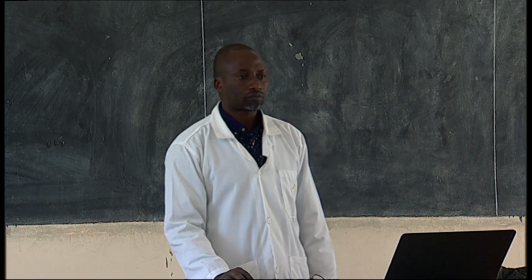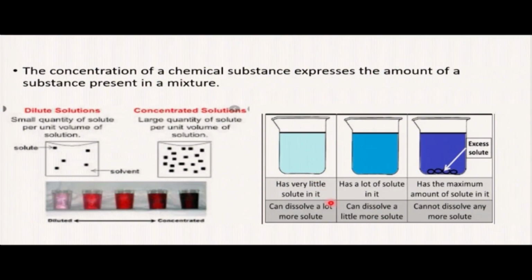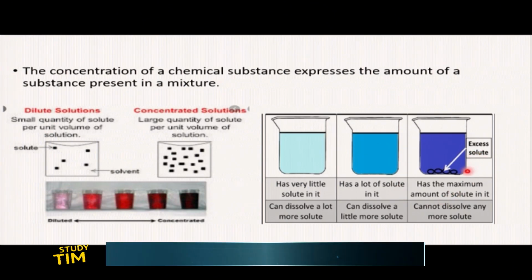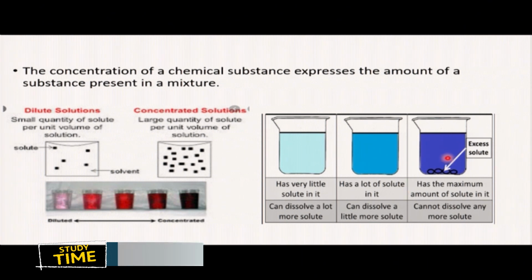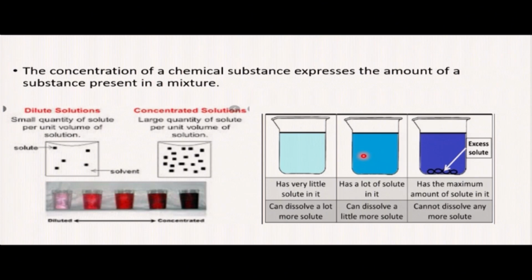Look at this one. This one has very little solute in it. So when you add more, the solution is becoming a little bit concentrated. And as you continue, some of the solute may not dissolve. This is a supersaturated solution. This is a saturated solution, and this is a dilute solution.